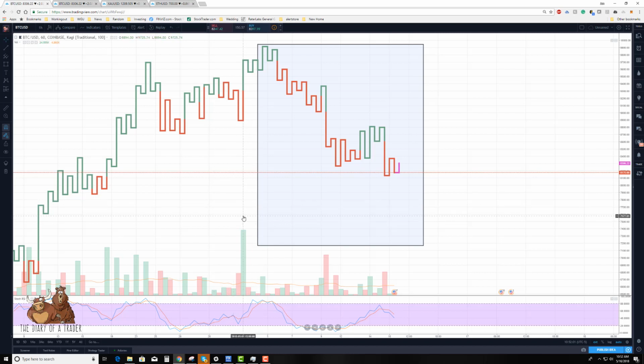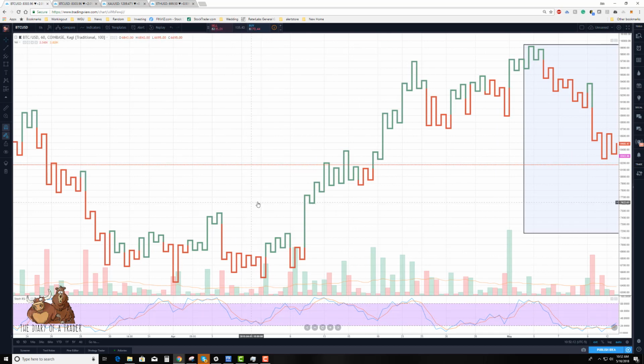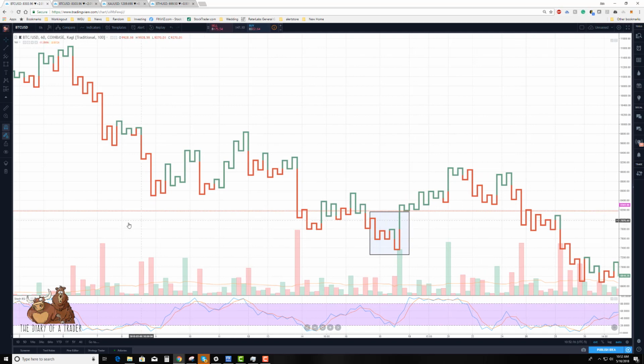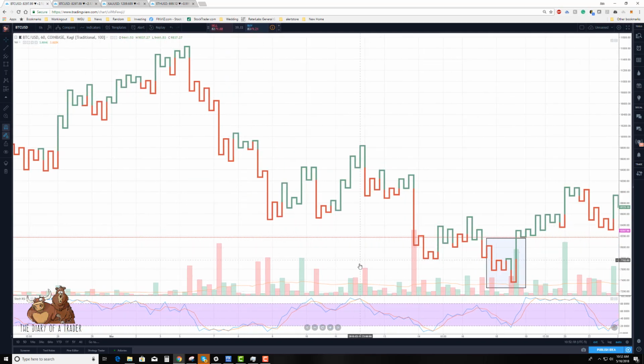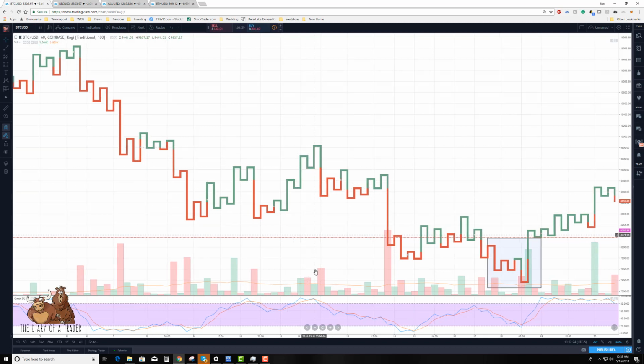Now, additionally, we can use another tool to help us identify where these trend changes may happen in Kagi, and that's using the Stochastic RSI. So if I rotate back here, for example, I see that price is trending up and we're continuing to make higher highs, but then what do I notice here?